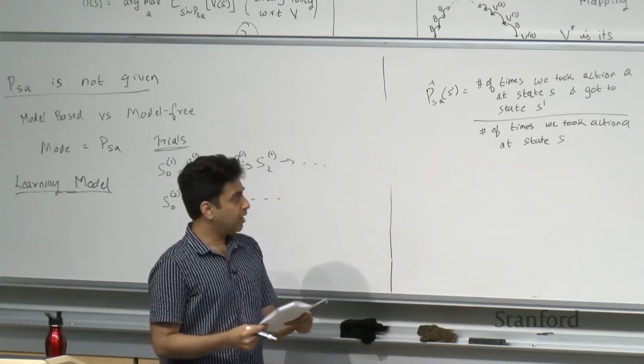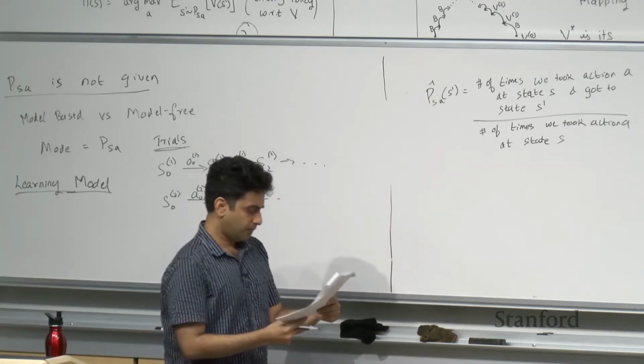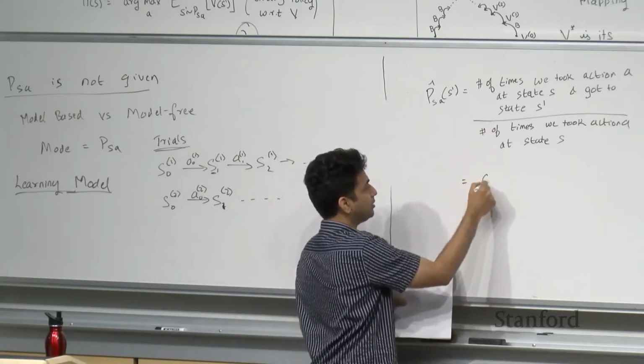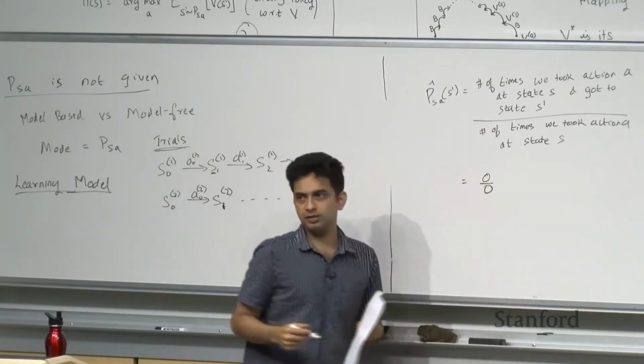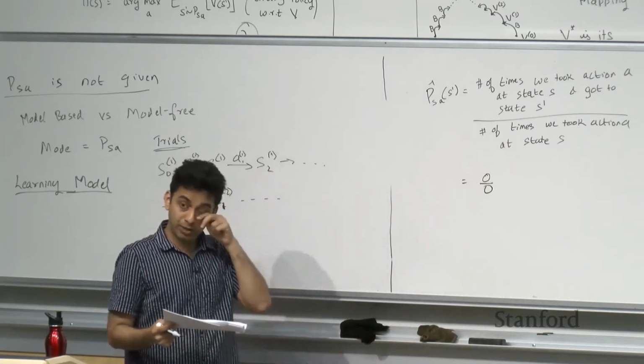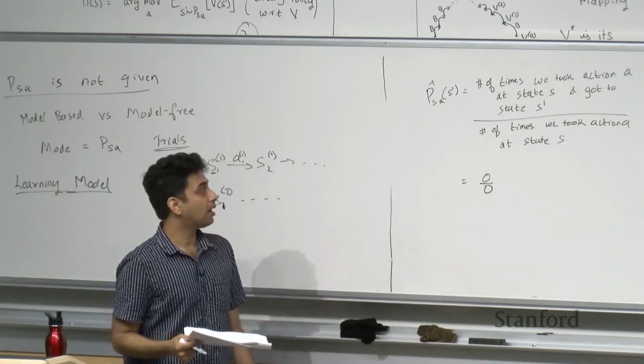So this is the simple maximum likelihood estimator of the transition probabilities, right? And it might so happen that sometimes both of these could end up being 0 over 0. We saw this in naive Bayes when you're trying to get maximum likelihood estimates based on counts such as this.